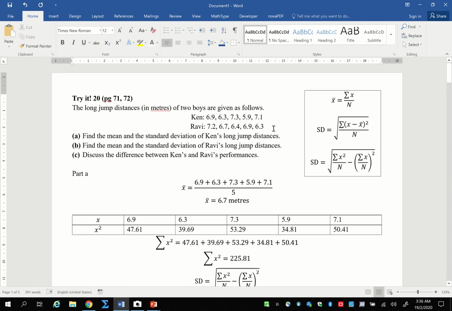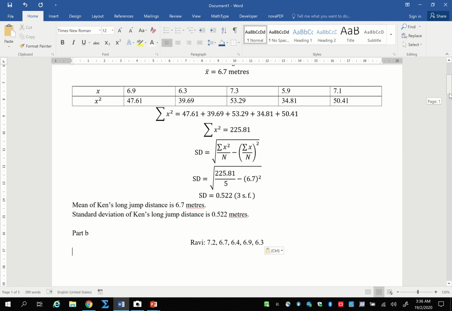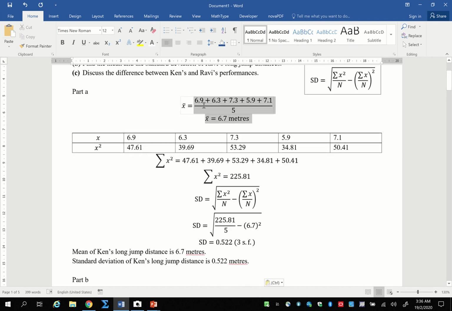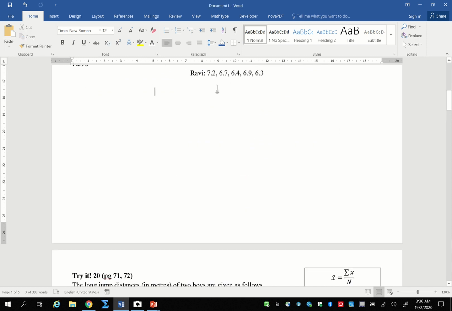Alright? So part B, find the mean and standard deviation of Ravi's long jump distance. Just to make things easier, let's copy and paste this below. Let's do the same exact thing. To find the mean, we will calculate the x bar.